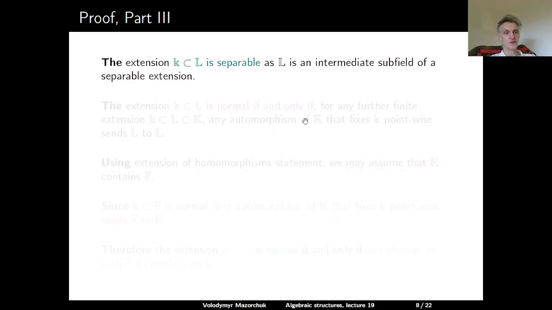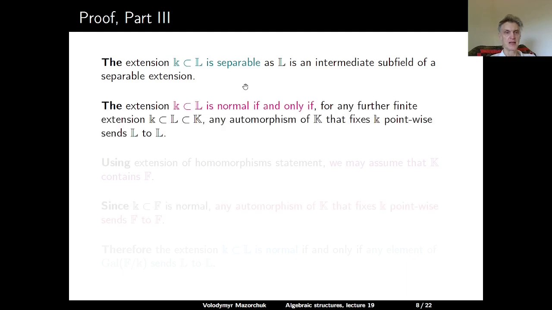So it remains to prove the claims about the extension of the smaller field K to the intermediate subfield L. First of all, the extension of K inside L is separable because L is an intermediate subfield of a separable extension. This extension is normal if and only if, for any further finite extension of L into some k, any automorphism of k that fixes K pointwise sends L to L. This was our characterization of normal extensions.